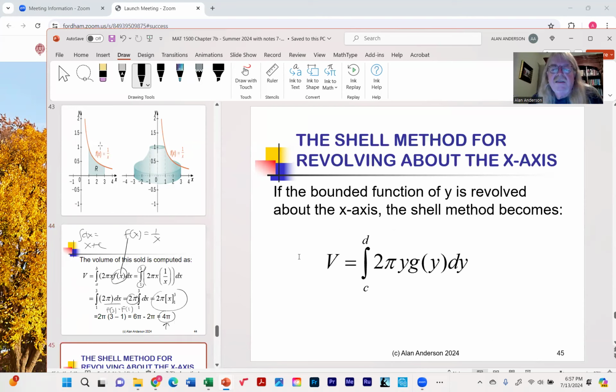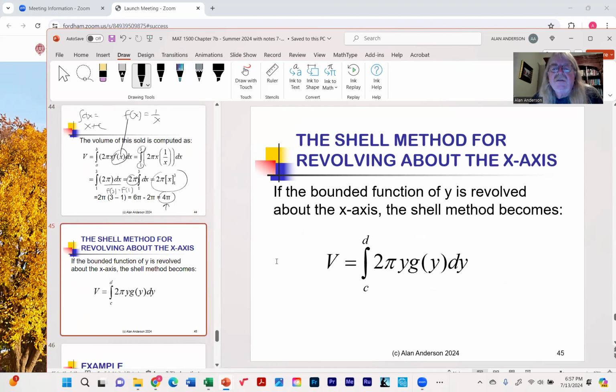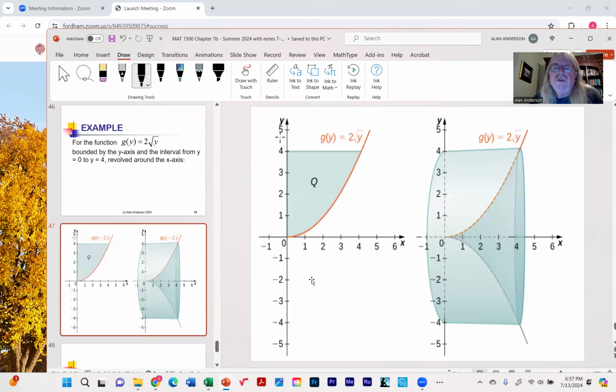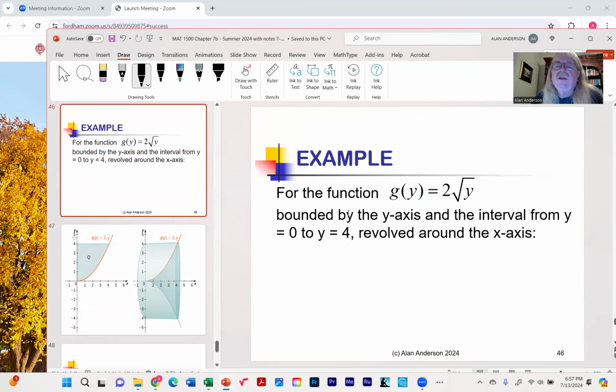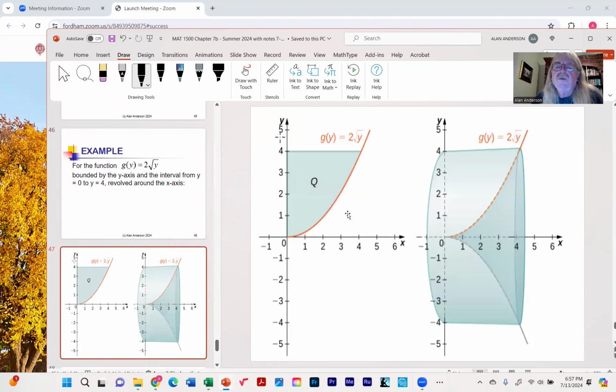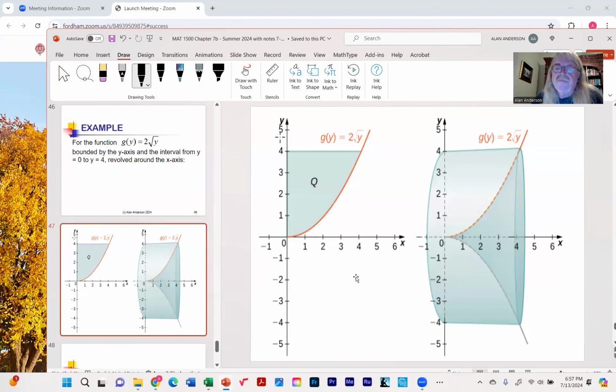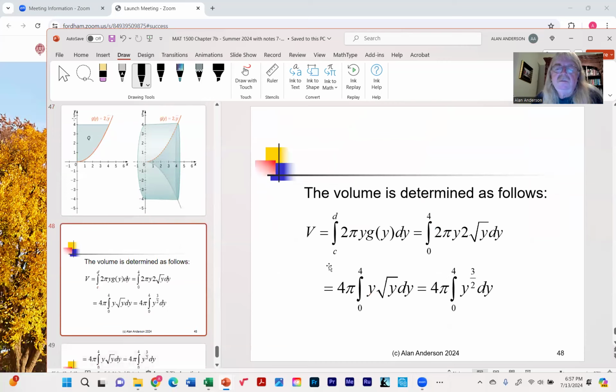All right. And now shell. You can always use either disk or shell or some combination of both. With shell, we're using the vertical axis, and you can see we have the function g of y is 2 over radical y. The original function was y equals x squared. So once again, now it's the same thing.